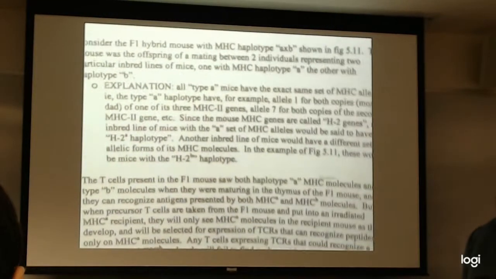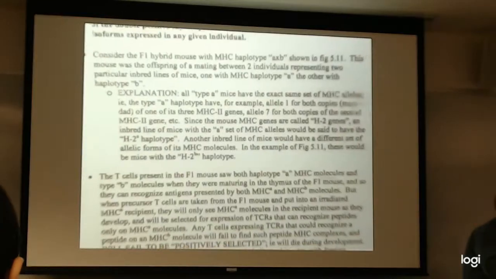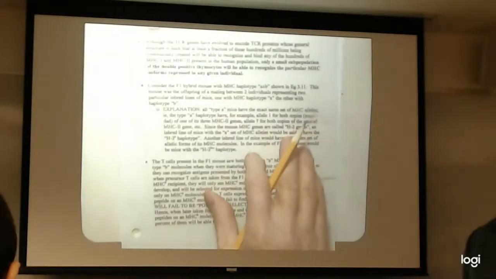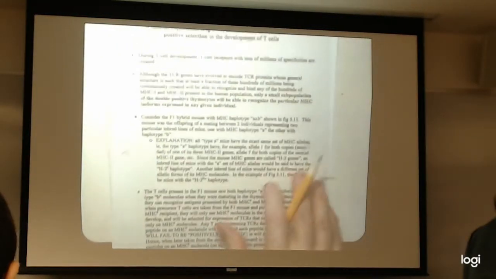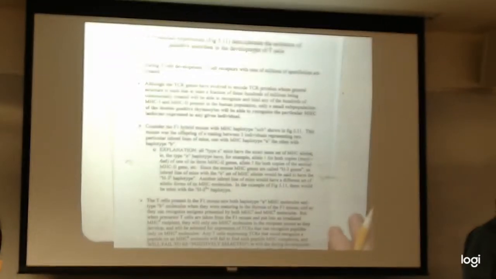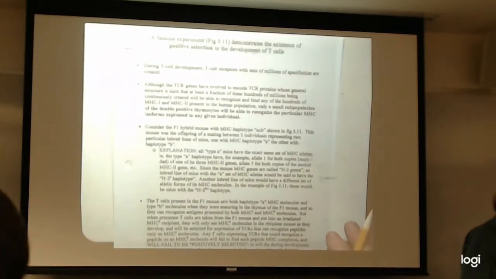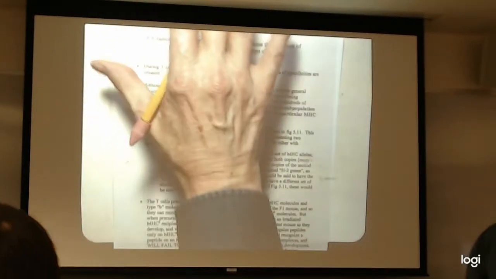Now then, in the interest of making sure we have enough time for our review, I'm going to spare you much of the details of the next couple of pages here. This is a famous experiment, okay?